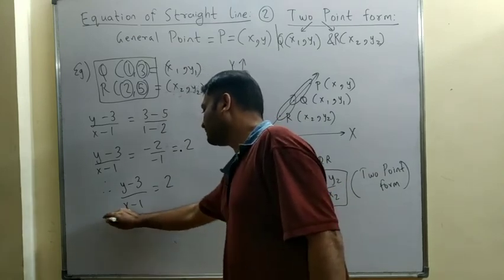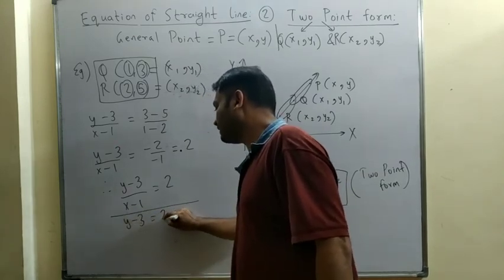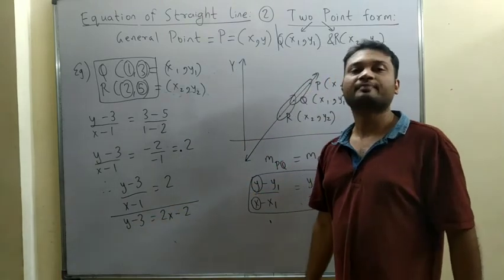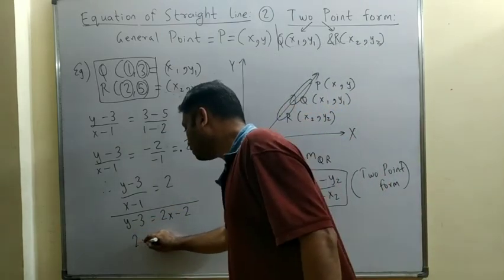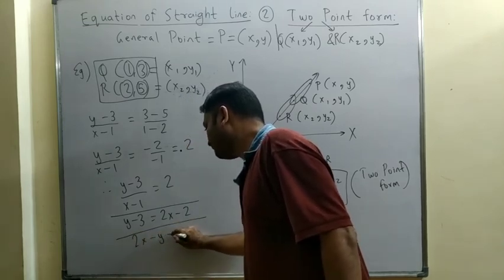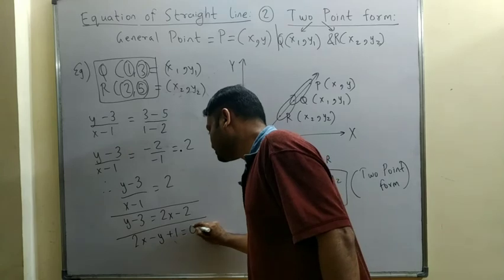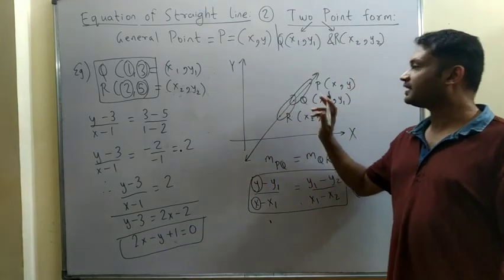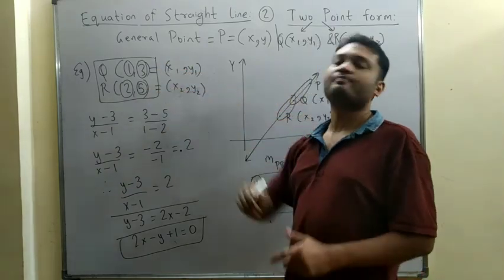If we want to simplify further, on cross multiplication it will come out to be y minus 3 is 2x minus 2. So 2x minus y plus 1 equals 0. This is the equation of the straight line which is passing through these two given points.